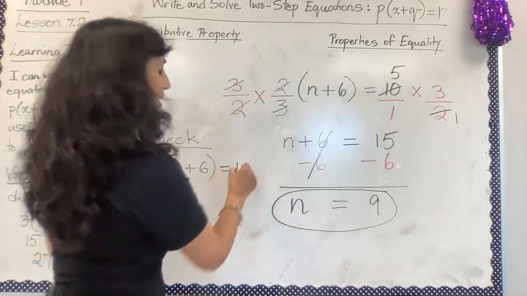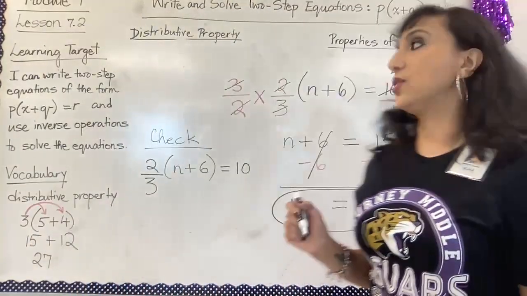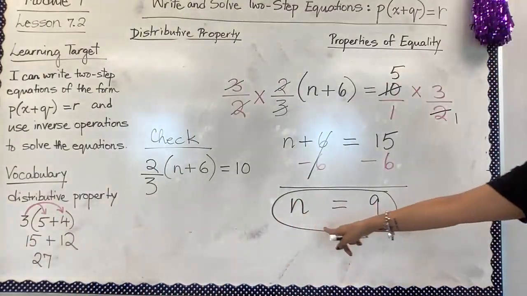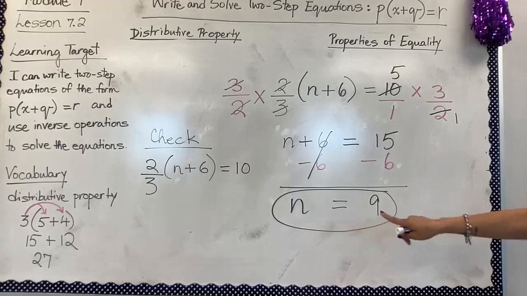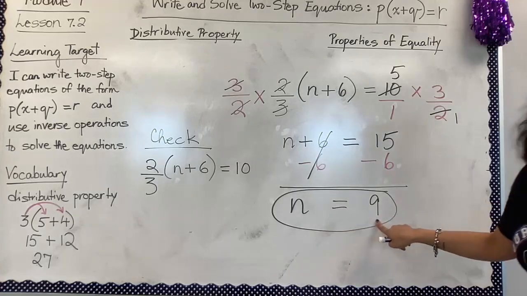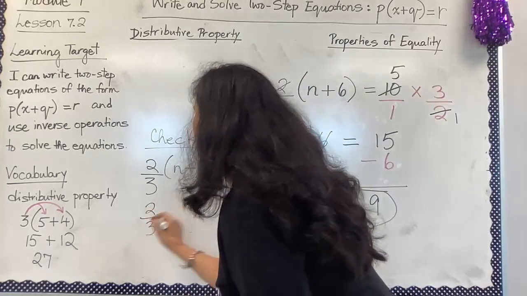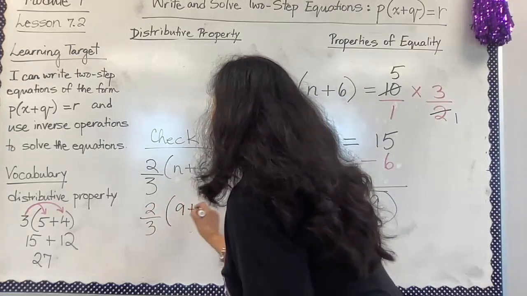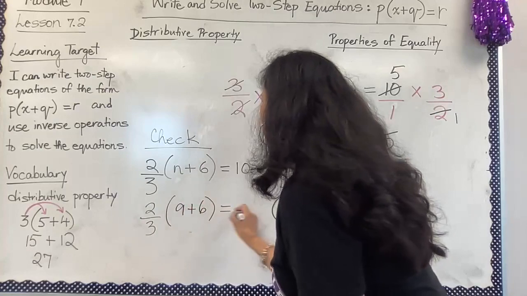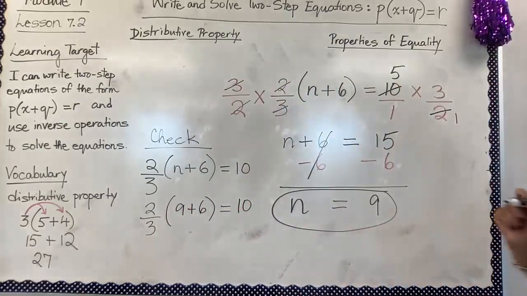So this was my original equation. And so now what I'm doing is I've already calculated that n is equal to 9. So I'm going to substitute the value, and I have 2/3 times 9 plus 6 is equal to 10.